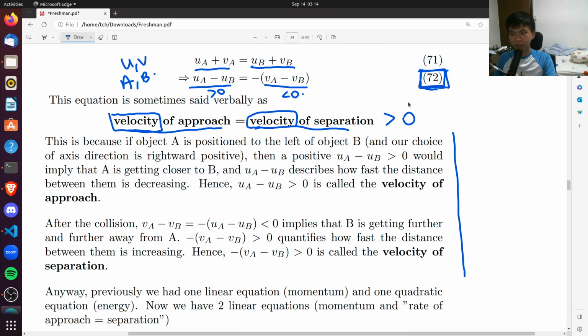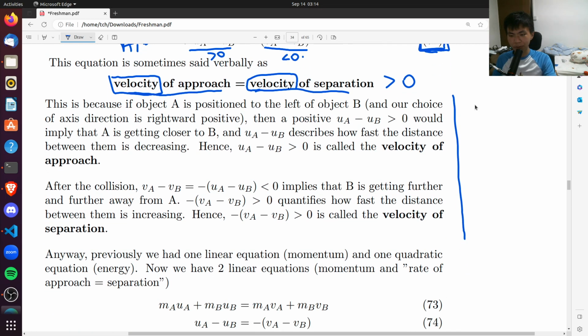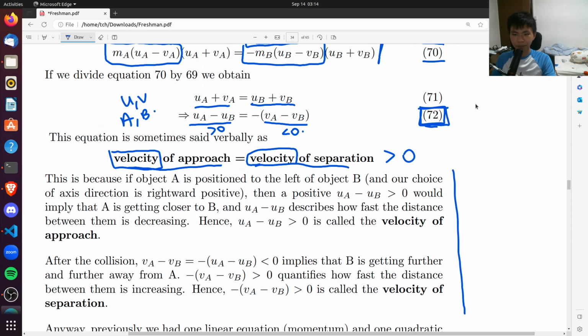So with equation 72, if we take a look at what it is saying, we have VA linearly in terms of VB.